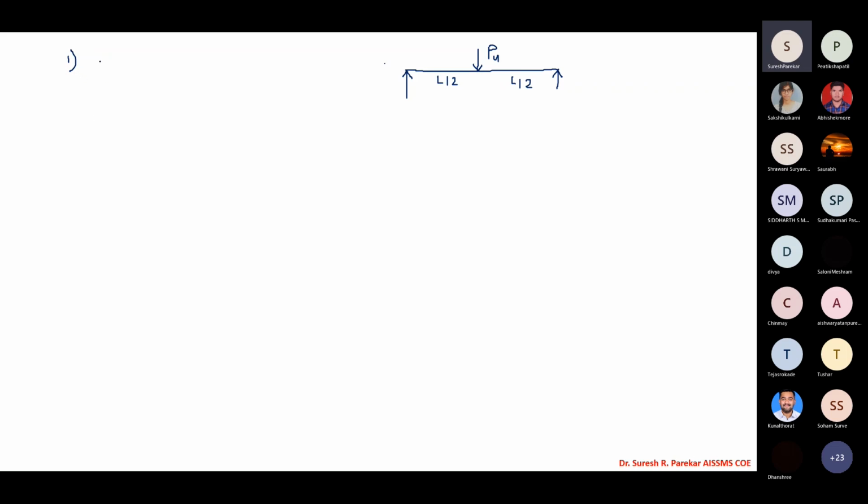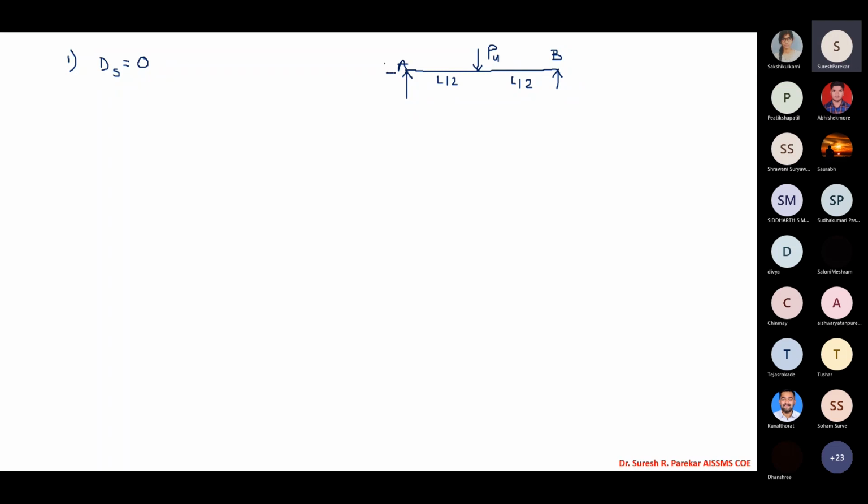So we have step 1, DS. What is DS? Simply supported beam, DS किती असेल? DS 0.